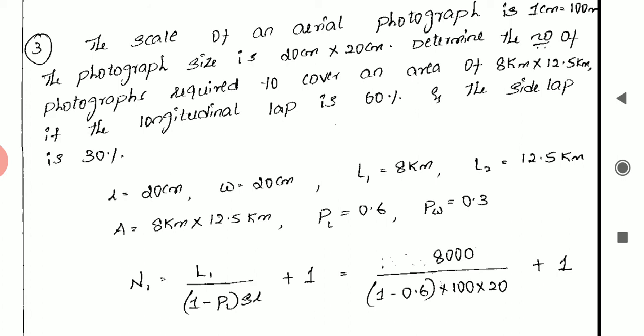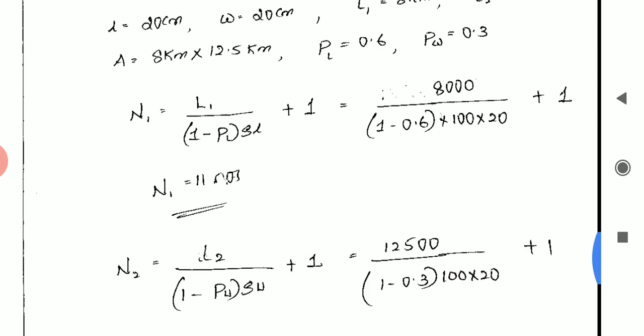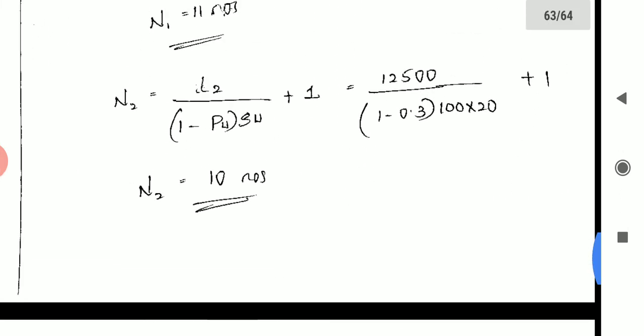PL is 60%, PW is 30%. What is asked is to determine the number of photographs required to cover the area. So we will solve using the N1 formula and the N2 formula. N1 and N2 we have to find.